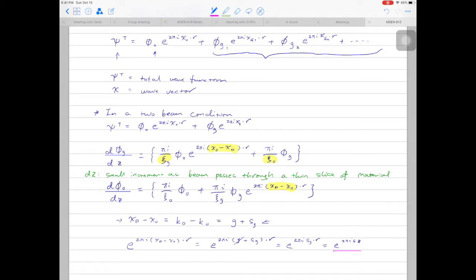Substituting what we had here into the above two equations, we will get this: d phi g over dz is equal to pi i divided by c g, phi naught, exponential minus 2 pi i sz, plus pi i divided by c naught, phi g.